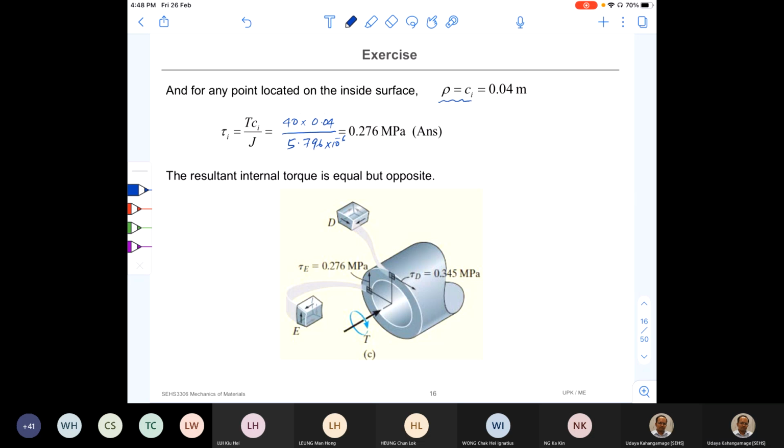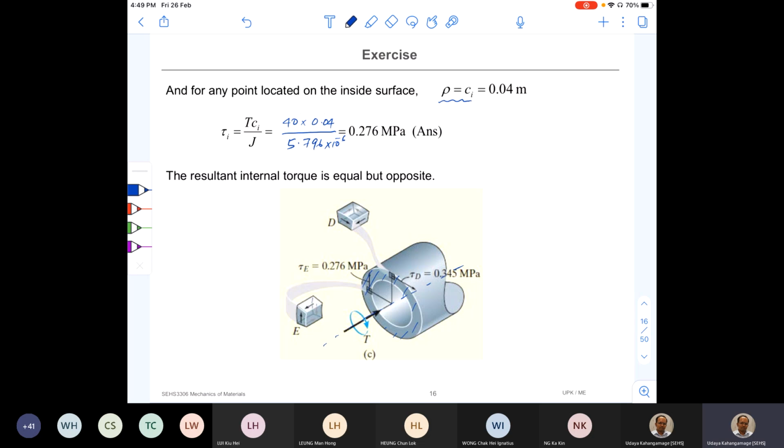Now if you take a cross section perpendicular to the major axis, like this one here, you can see only a shear stress, no other stresses, only shear stress.